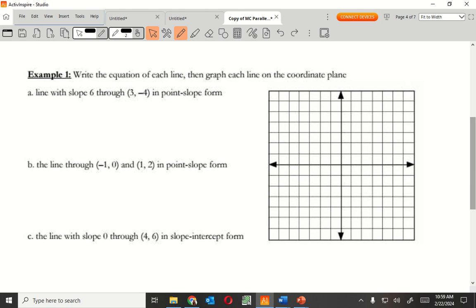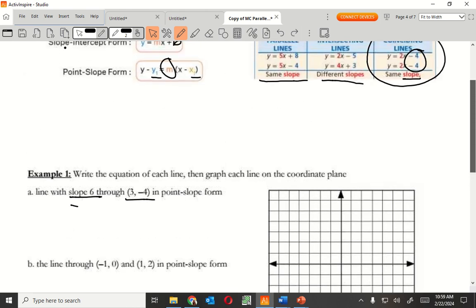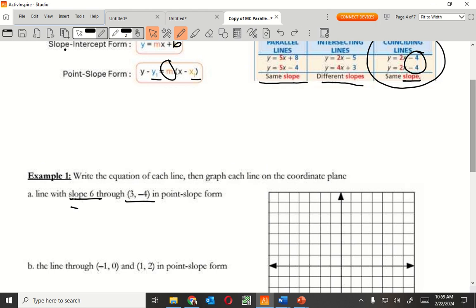Write the equation for each line then graph each line on the coordinate plane. All right. So now I'm given a slope and a point. I'm given the slope and a point. So guess what I am going to use? Point slope. So you look to see what you have. I have a point and a slope, so I'm going to use point slope.